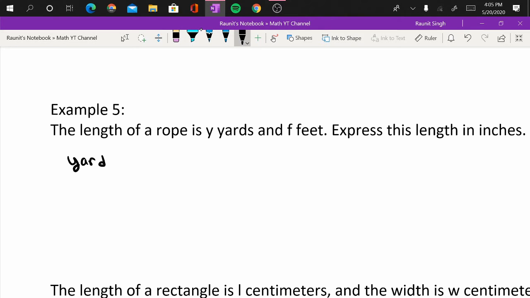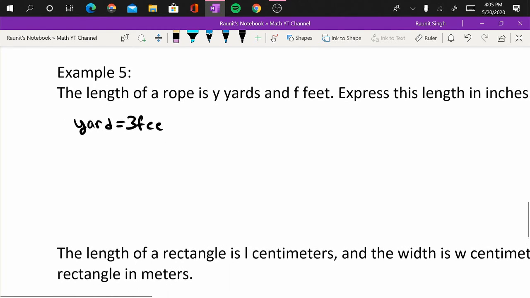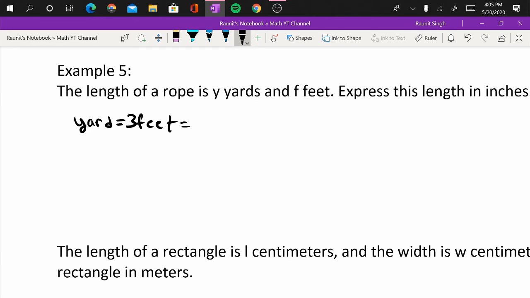A yard is equal to 3 feet, which is equal to 36 inches. And then a foot is equal to 12 inches.